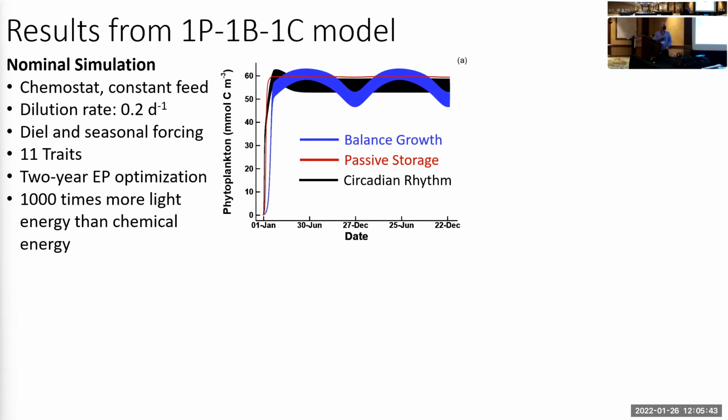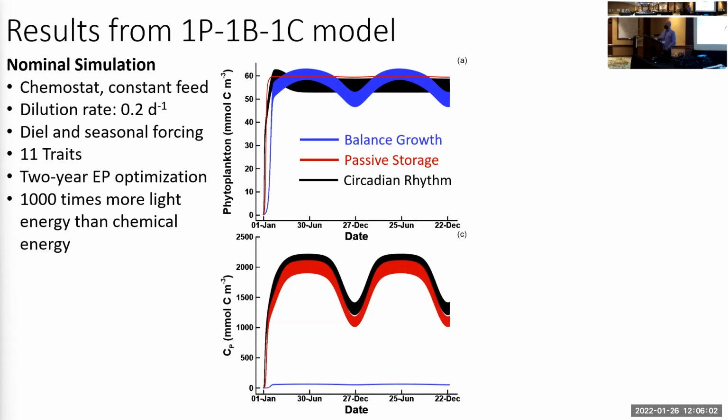So this is showing the phytoplankton concentration that builds up for those 3 different scenarios, controlling how resources are allocated between carbon fixation versus biosynthesis: the balanced growth, the passive storage, and the circadian rhythm. They're fairly similar there.